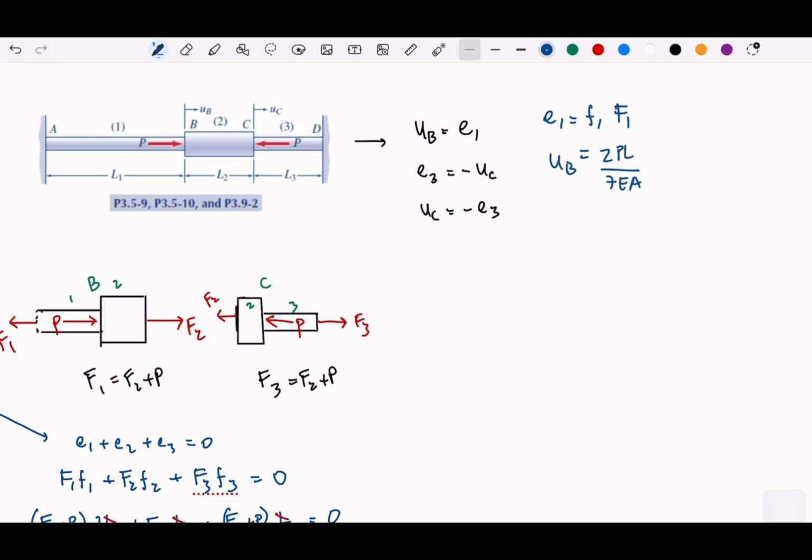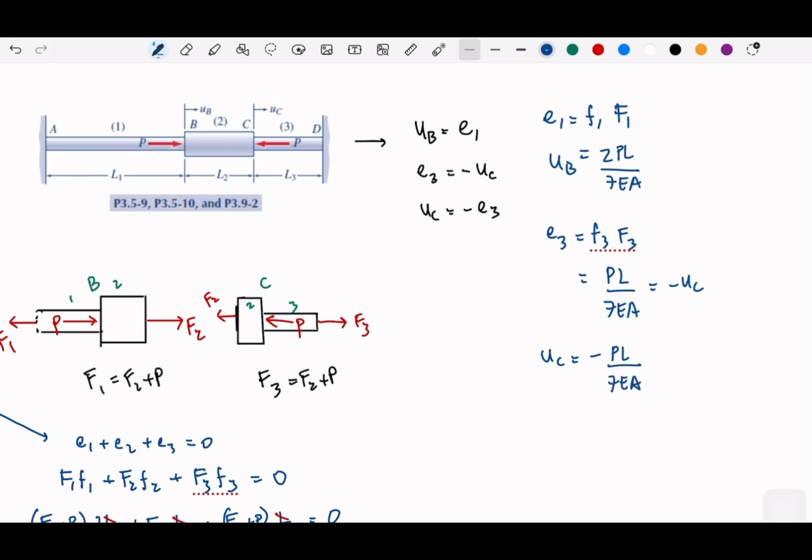And UC is from E3, which is PL over 7EA, equal negative UC. So UC is negative PL over 7EA.